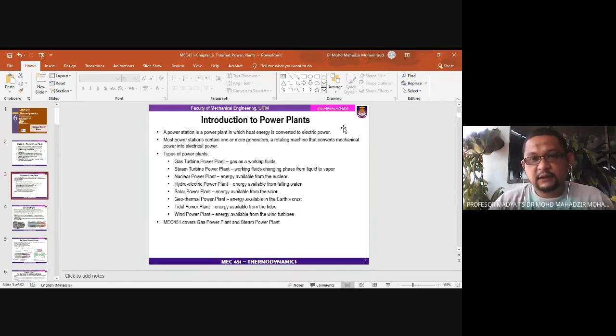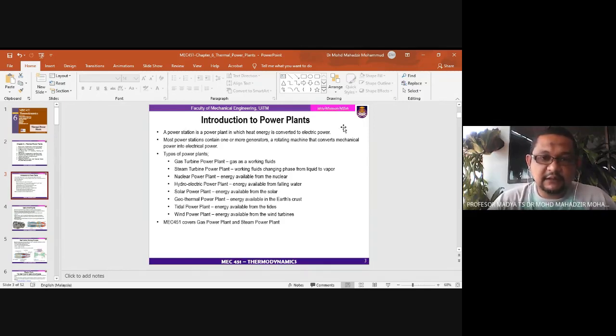That's heat energy that comes from mechanical, then we convert it to electrical power. Most of the power stations contain one or more generators, that means rotating machines that convert mechanical power to electrical power.